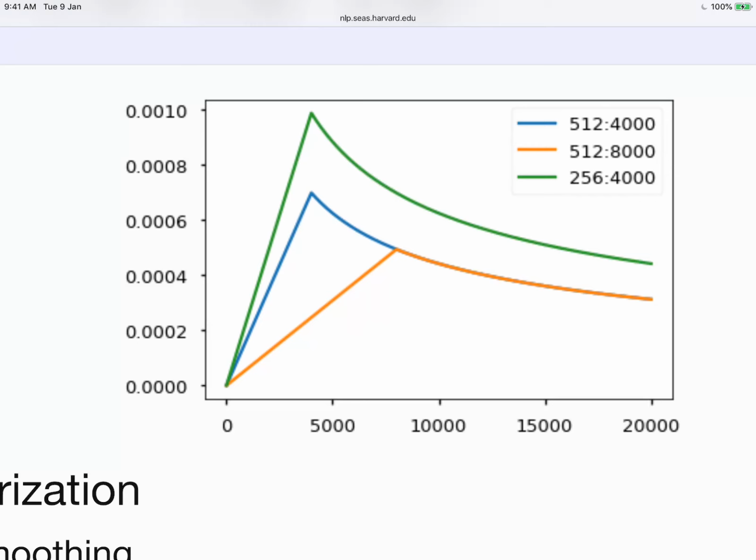Because we start from really at the random point, right? And at the random point, the magnitude of our gradient might be sufficiently large, right? So at that moment, if we use the high learning rate, it can diverge.